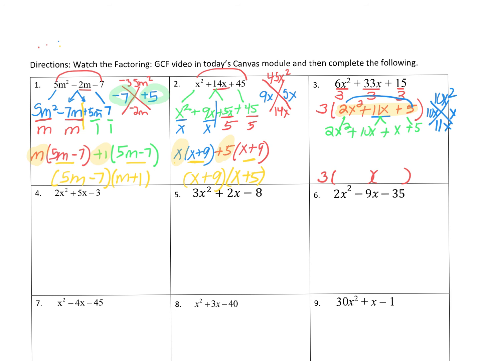And then what I notice is I have 1, 2, 3, 4 terms here. And so I'm going to take those 4 terms and group them into 2 groups. Then I'm going to look at the greatest common factor of the first group, which happens to be a 2x.